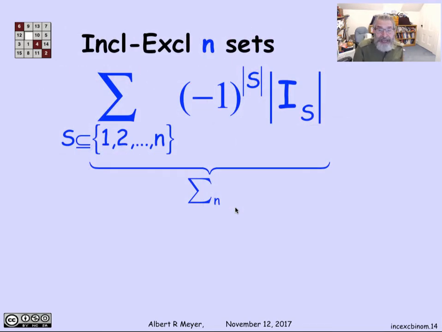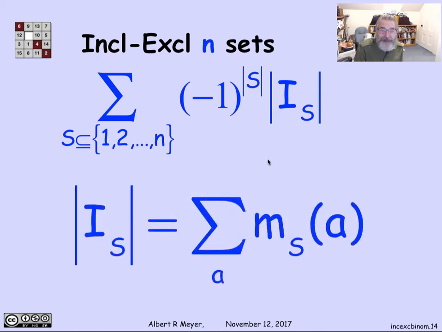Now, looking at sigma n, I can now replace the size of I sub S by the sum over all possible elements a of m sub S of a. Let's think about this for a minute. An a that's in the intersection contributes 1, and an a that's not in the intersection contributes 0 to this term.